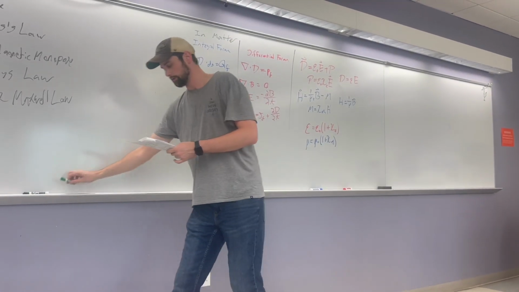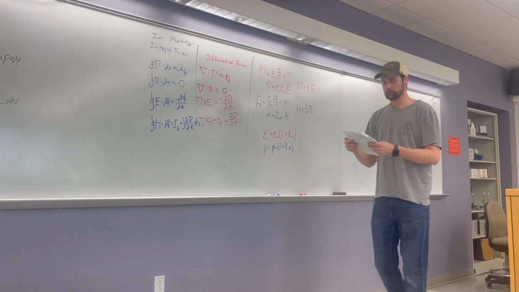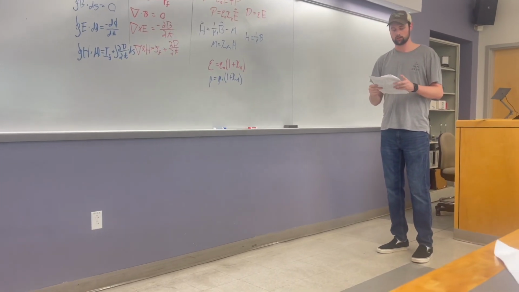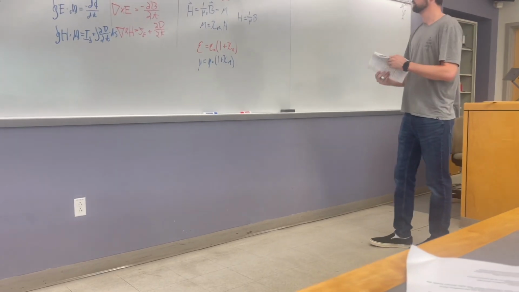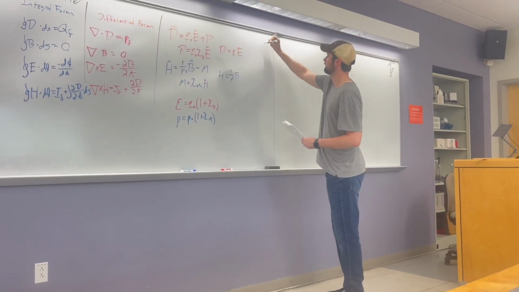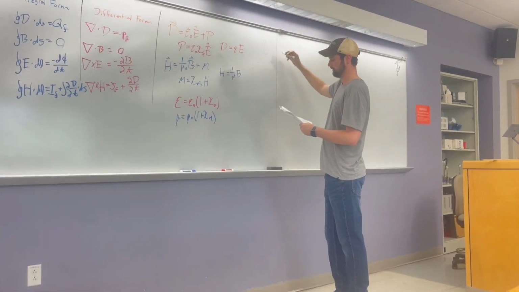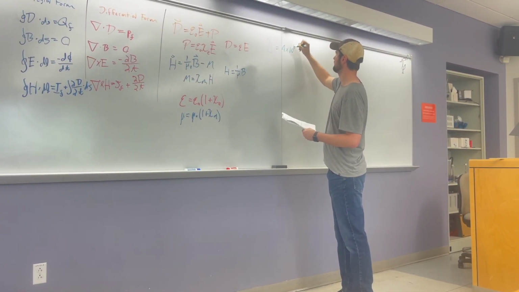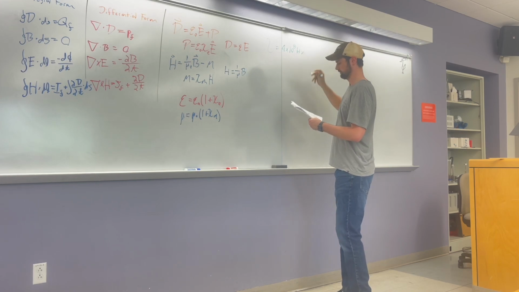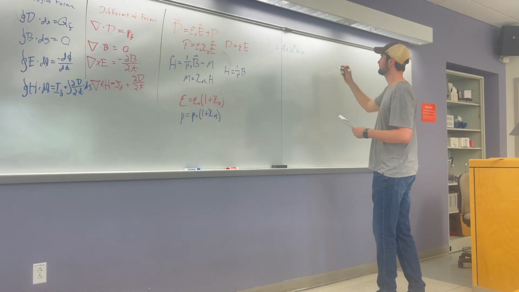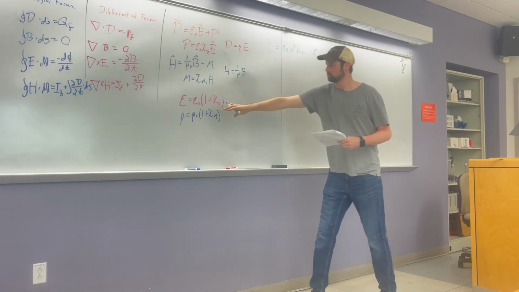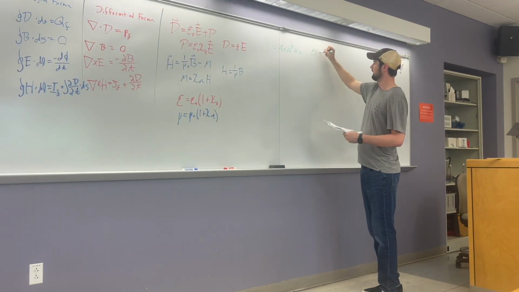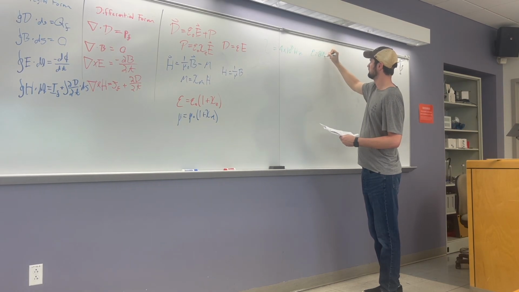The problem we're going to be solving is to find the ratio of conduction current to displacement current in seawater. So we are given a frequency equal to 4 times 10 to the 8th hertz. We are given an epsilon equal to 81 times epsilon naught.